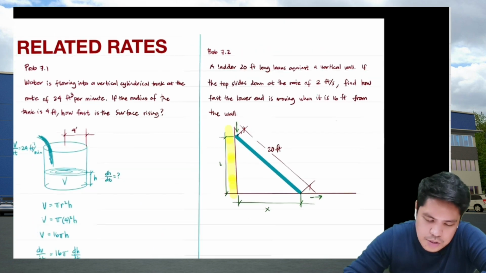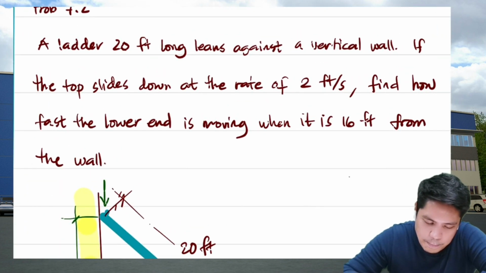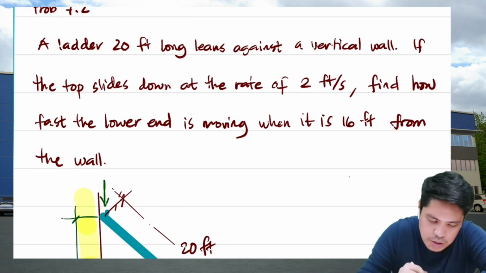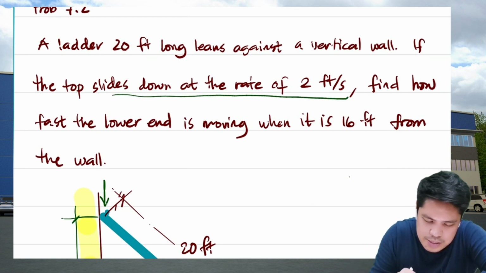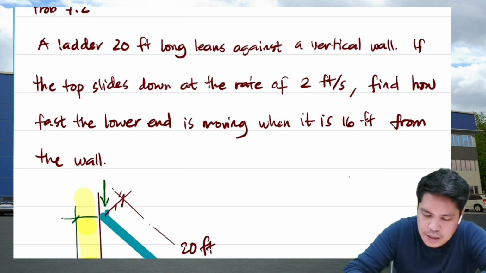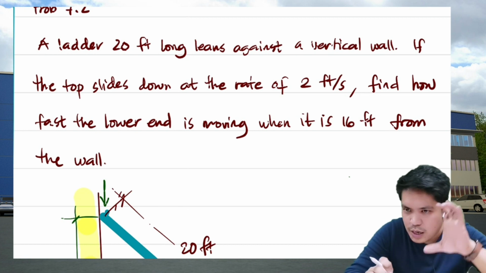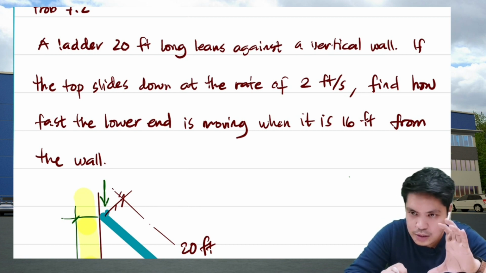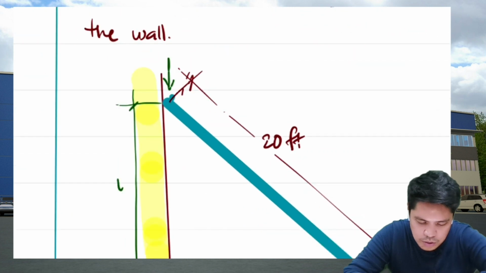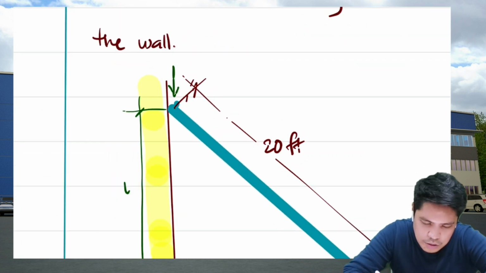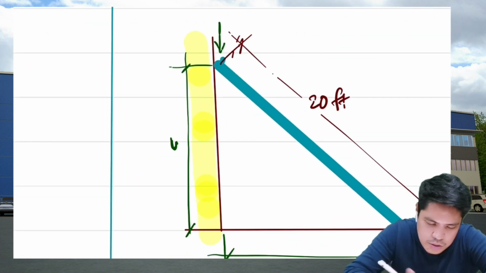Now, ito yung sabi dito. The top of the ladder slides down at the rate of 2 feet per second. So, bawat second, it slides down 2 feet. Sa bawat segundo, 2 feet yung ibababa nitong distance. Okay? So, therefore, ito siyang y.